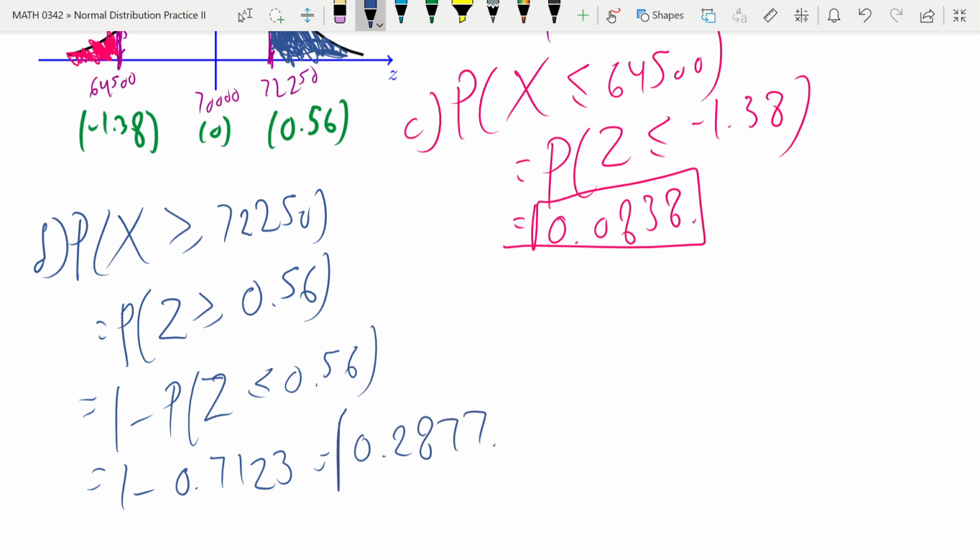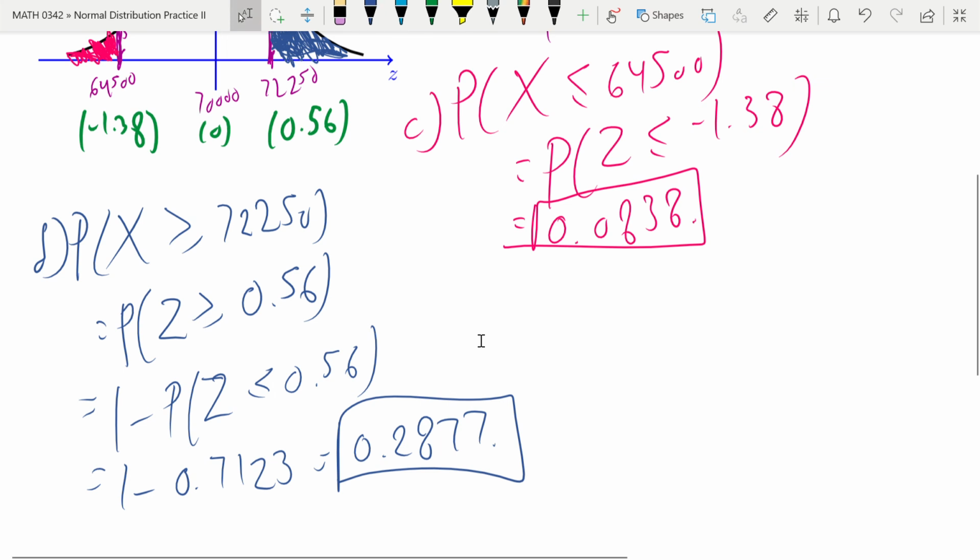A 28.77% chance that their salary is bigger than 72,250. And so that's how we actually work with the normal distribution in specific cases. Remember to always make sure that you're drawing pictures as you go to ensure that you're getting the right answers and answers that make sense. And of course, understanding how we transform from raw X scores to specific standard Z scores.